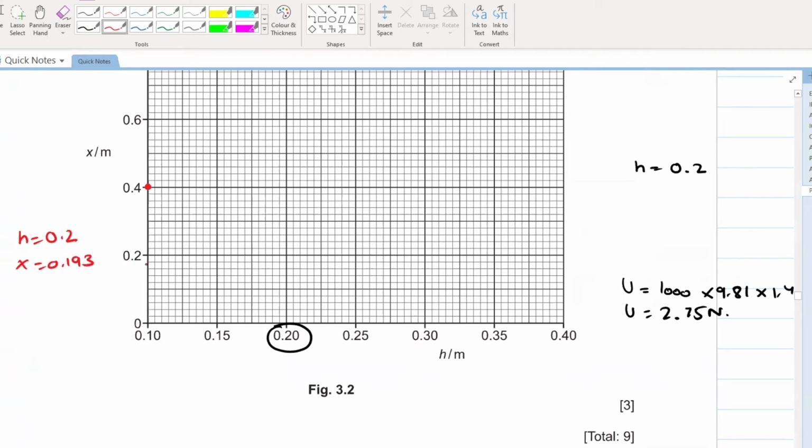So this is 0.18 and your 0.19 will be somewhere here. Let's draw a graph through these 2 points like this. Make sure that you draw it as accurately as possible.